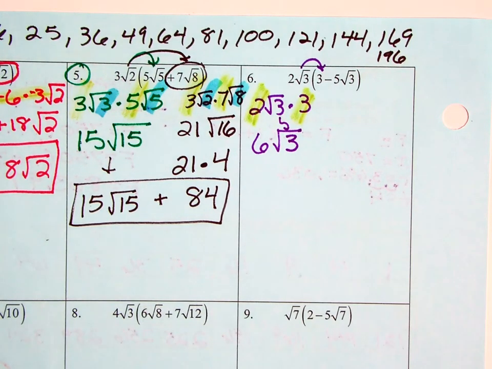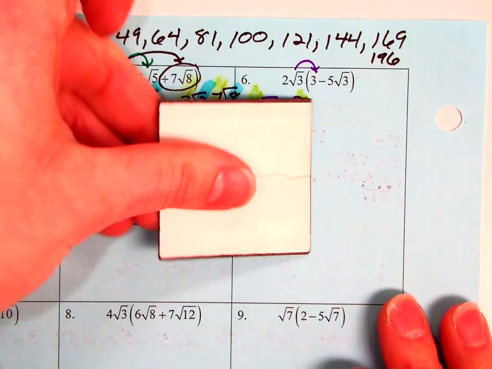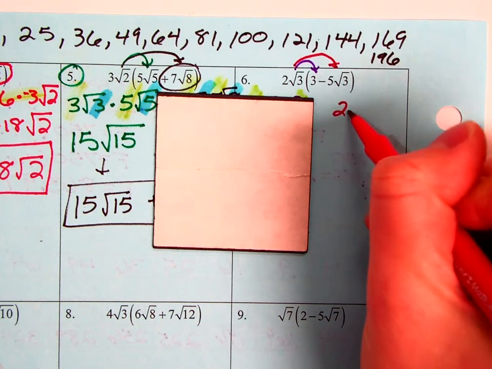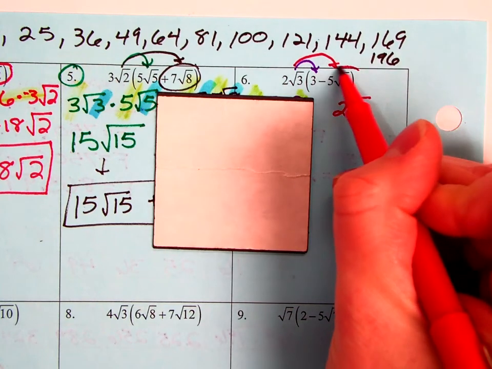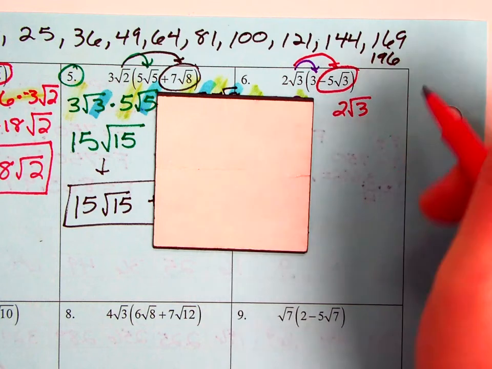Then we're going to multiply the next numbers together. Again, it might be helpful to cover this up and simply remind yourself that you're doing 2 radical 3, but in this case it's times negative 5 root 3 because the minus sign makes it negative.